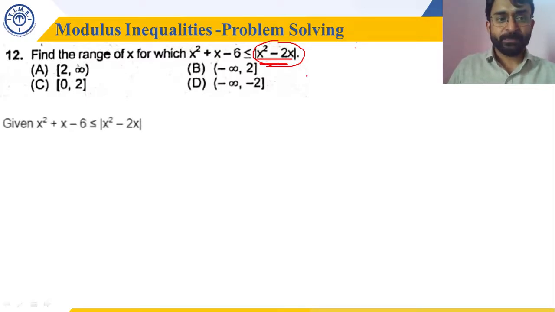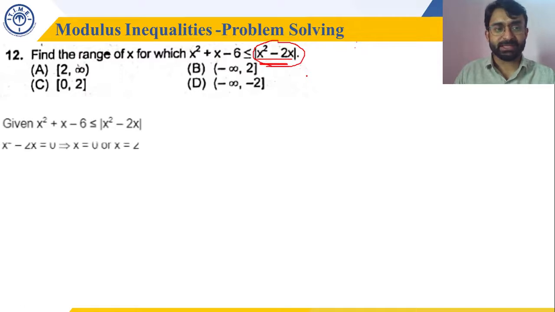So let's understand. This is the given part: x square plus x minus 6 is less than equal to mod of x square minus 2x. So x square minus 2x, I'll put this equal to 0, x is equal to 2 or x is equal to 0. Fine. If x is less than 0 or greater than 2, that's what we discussed, outside the interval, then this expression will be positive.